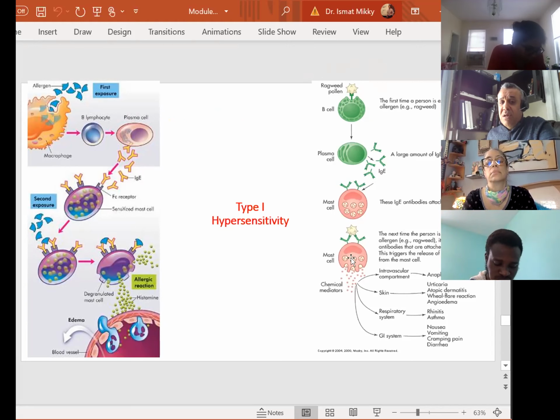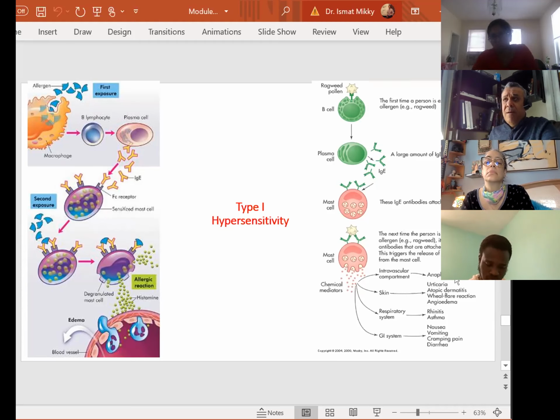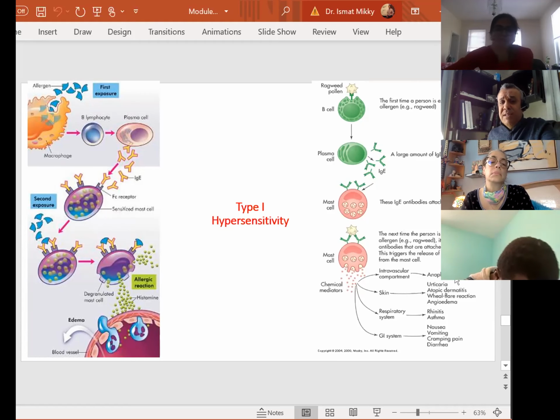And the allergic reaction could include all or some of these. It depends on the type of allergen, the type of antigen. So runny nose, redness of the eyes, right? Sometimes even GI symptoms, nausea, vomiting, and it could result in a severe allergic reaction, which is anaphylactic shock, anaphylaxis.